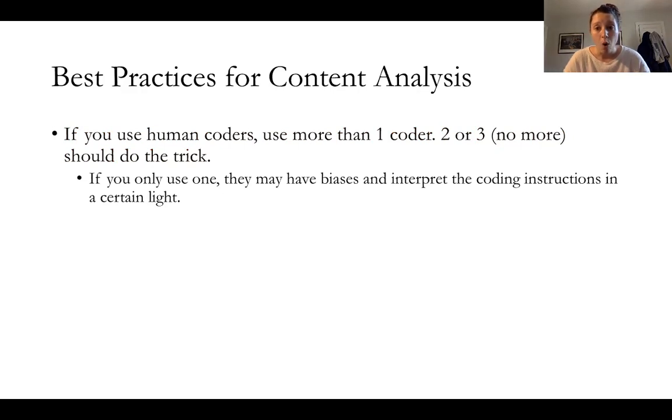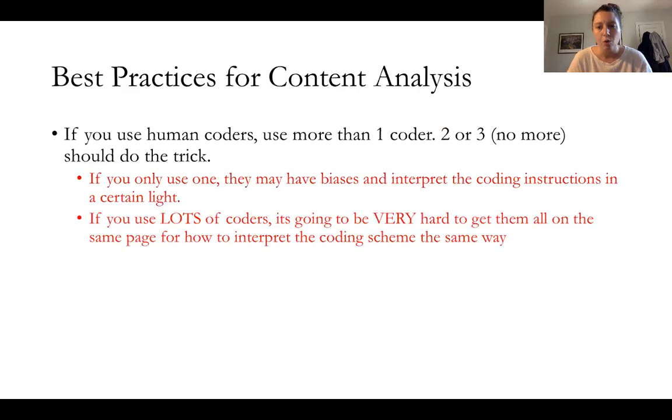And even if you walk them through how to code for level of pessimism or level of political bias towards candidates, even if you walk them through the rules that you've written out, they might interpret those coding instructions in a certain light. And if you only have one person doing this, then their bias is just baked into the coding scheme. So you want to have more than one person.